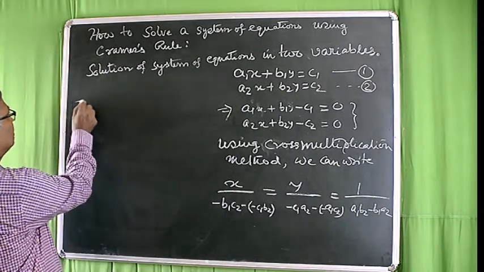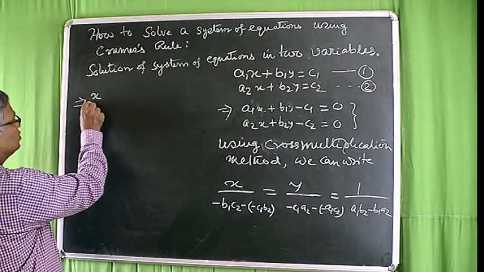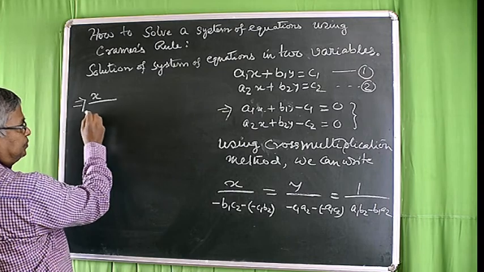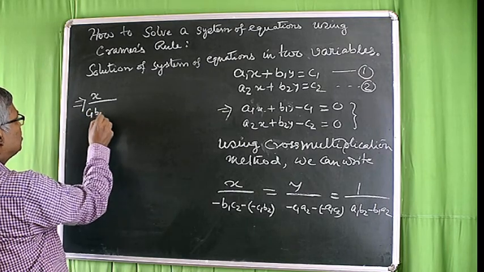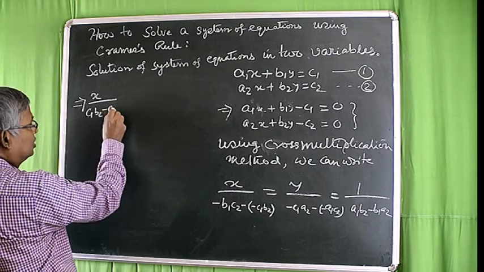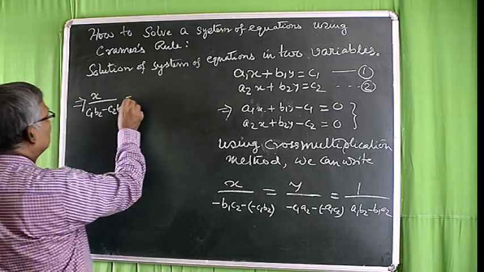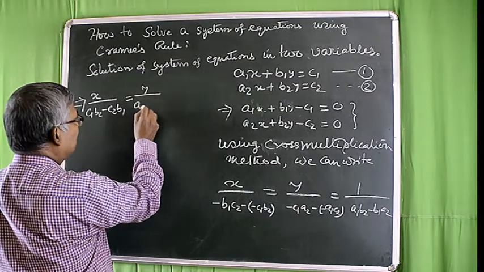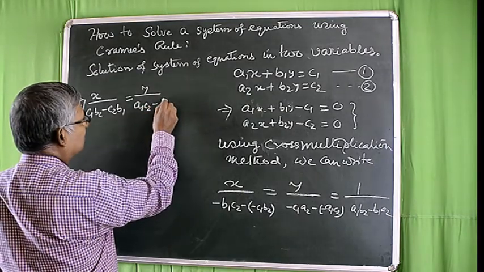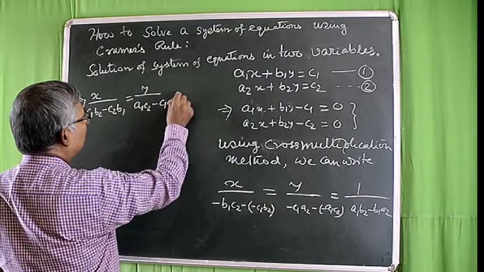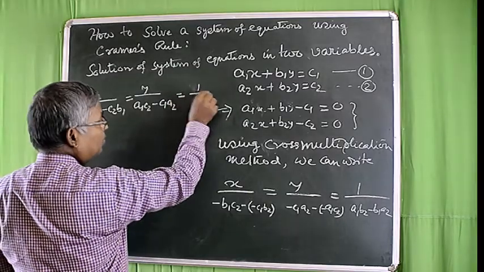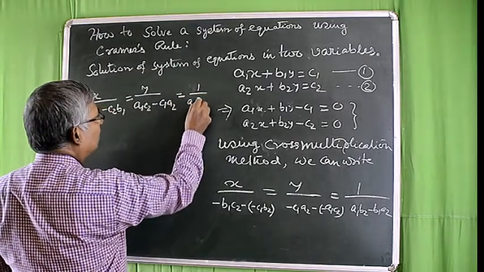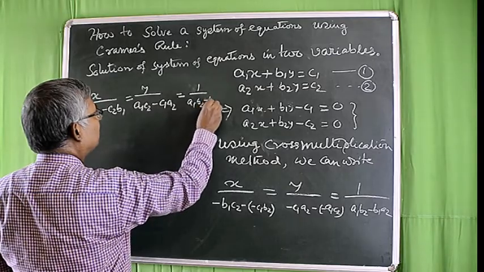This implies that x by c1 b2 minus c2 b1 equal to y by a1 c2 minus c1 a2 equal to 1 by a1 b2 minus b1 a2.